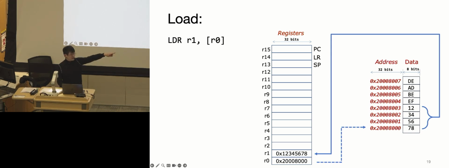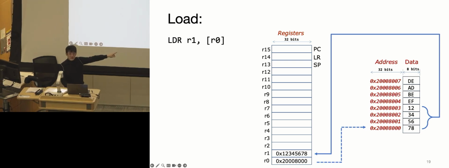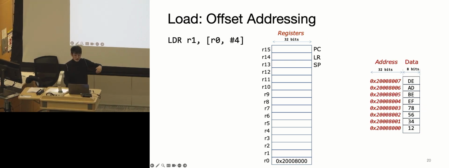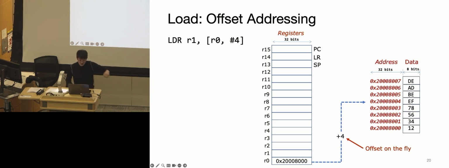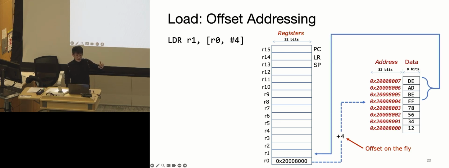Based on little endian, this is the answer we're gonna have in register 1. Later, if we do offsetting, we will add 4 to this address, so that instead of accessing 000, we're now accessing 004. Again 4 bytes, and we load that into register 1. And that operation does not change the value inside R0.